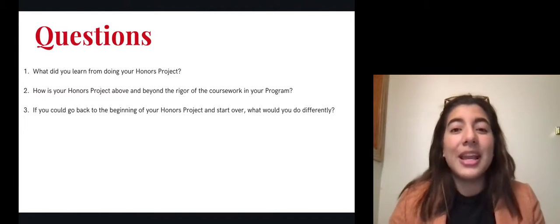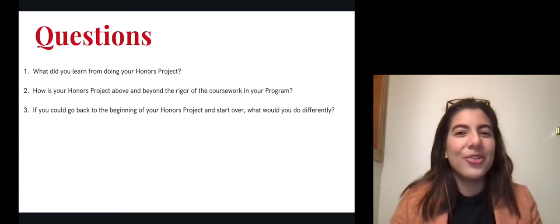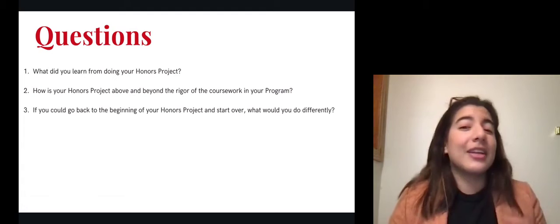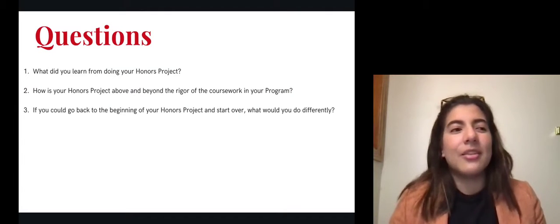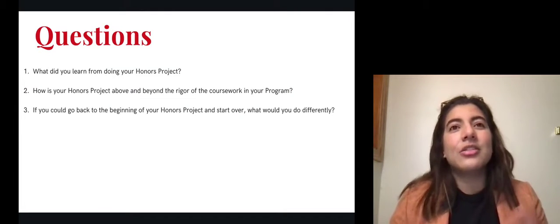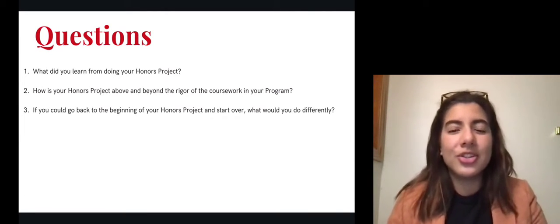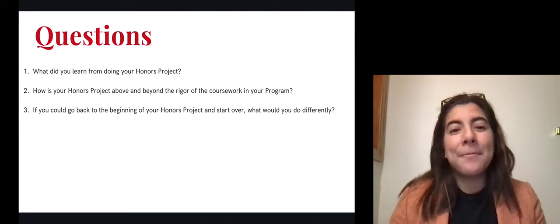If I would go back to the beginning of my honors project and start over, I would say, as I am collecting the data that I've been getting from my sources, start drafting or at least writing down paragraphs of the ideas or at least discussions that I want to tackle.